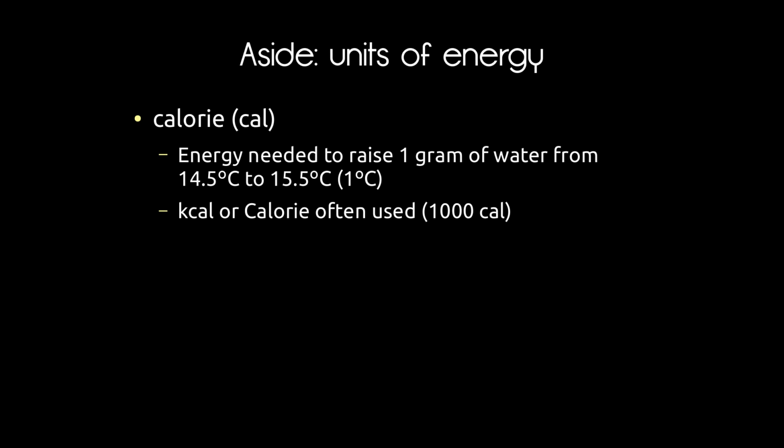You've probably heard of calories before, particularly in reference to food. Nutritional calories, or calories with a capital C, are actually kilocalories, or 1,000 calories. This is what you're going to find on the nutritional facts of a food item. Therefore, this would be the energy required to raise a liter of water from 14.5 C to 15.5 C.